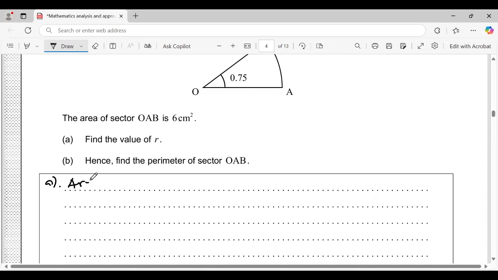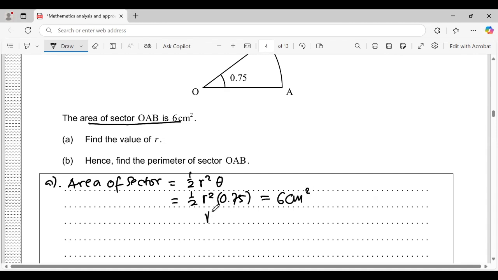Area of sector is 1/2 times r squared times theta. Theta is this angle. And it's going to be 1/2 times r squared times 0.75, according to the information that the area of sector is 6 centimeters squared.